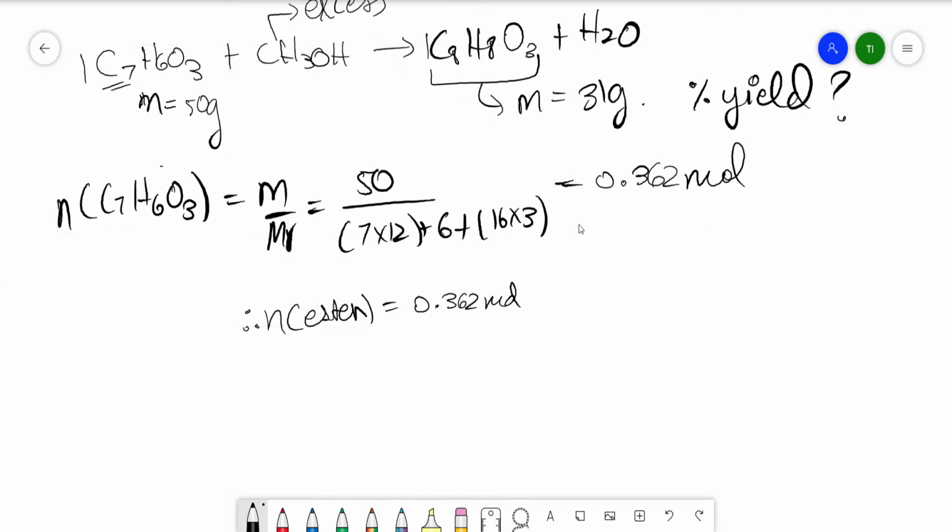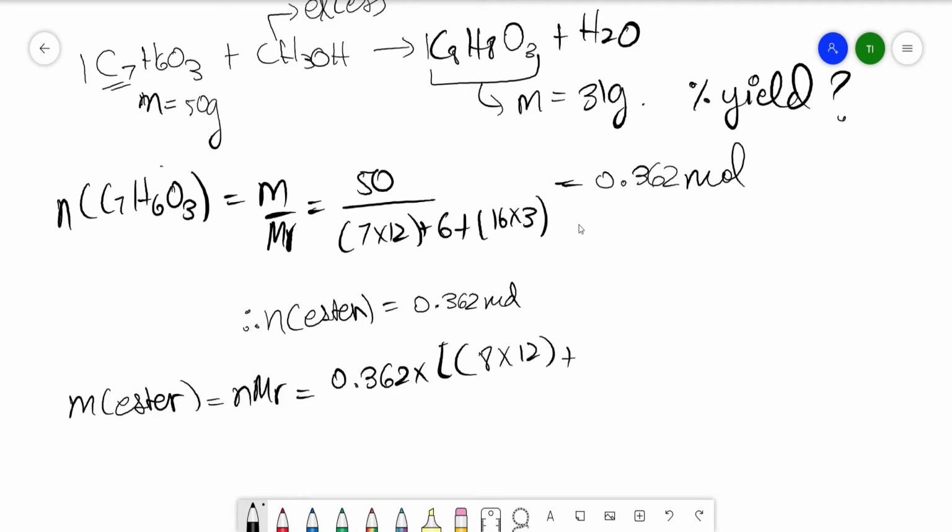Now from this you can calculate the mass of the ester. So mass of ester is the moles times the Mr, which is 0.362 times 8 times 12 plus 8 plus 3 times 16, which would give you 55.1 grams.